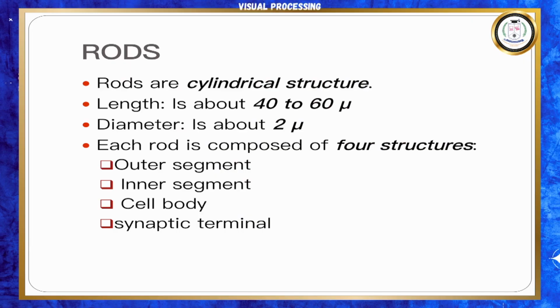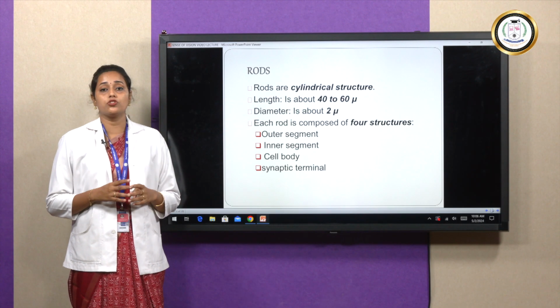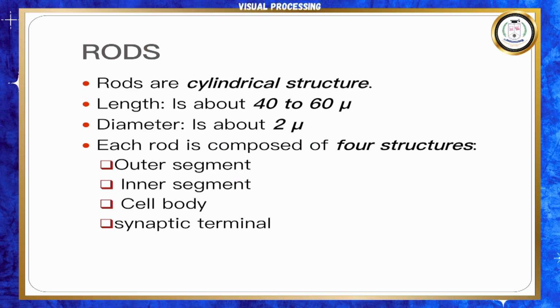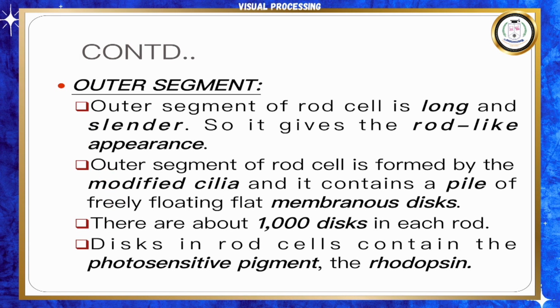First, we'll discuss rods. Rods are cylindrical structures. The length is about 40 to 60 micrometers and the diameter is about 2 micrometers. Each rod is composed of four structures: the outer segment, inner segment, cell body and synaptic terminal. First, we'll start with the outer segment. The outer segment of the rod cell is long and slender, and this gives them a rod-like appearance.